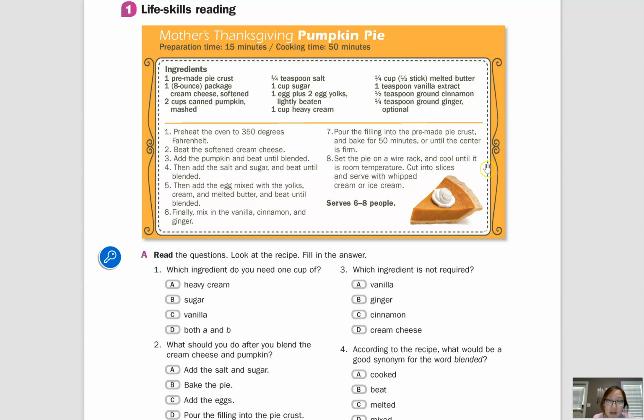But anyway, we can see that this is Mother's Thanksgiving pumpkin pie, so it seems like it's very old school, traditional style.